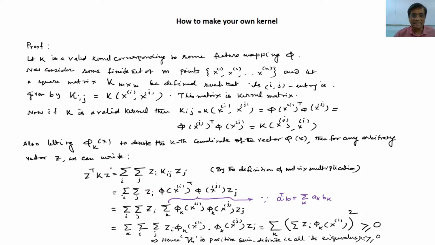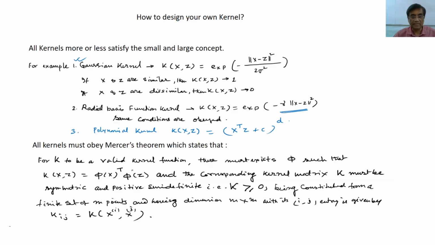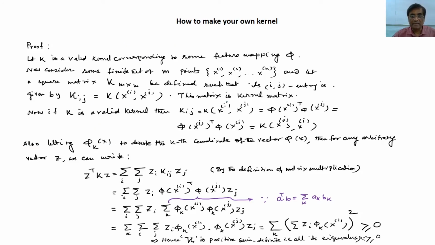Instead of proving directly, we are assuming at the beginning that K is a valid kernel corresponding to some feature mapping function phi, and now we are considering some, say, n number of points that need not necessarily be the training samples, and let a square matrix K be defined such that its ij entry is given by Kij, which is K of xi, xj, okay. This matrix is called the kernel matrix.